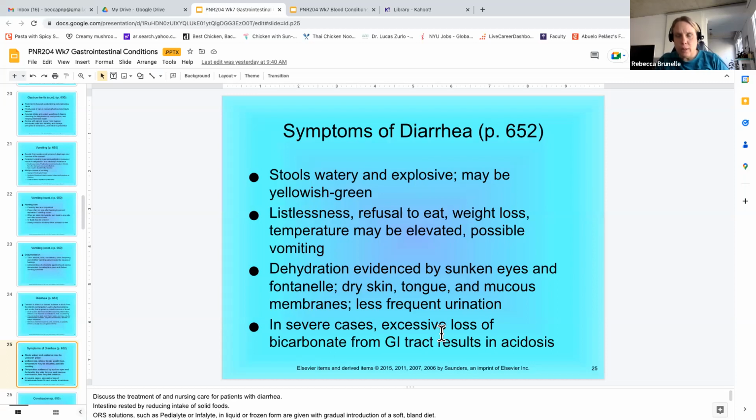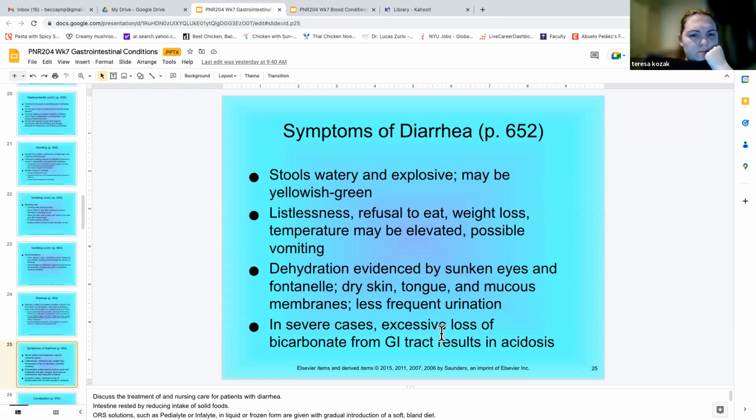And when you look at a pH, what's a normal pH? If there's no acid-base imbalance, what's normal? 7.35 to 7.45. And when you have an acidosis, does your pH go up or down? Down.